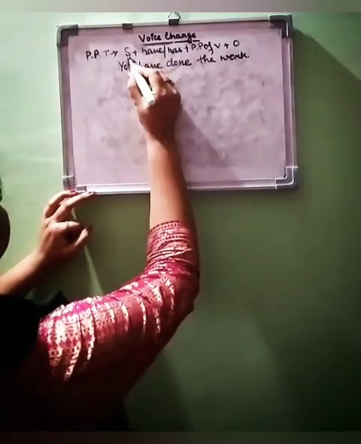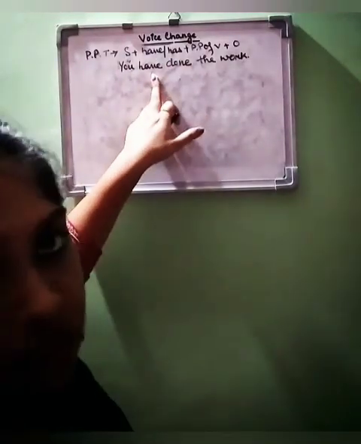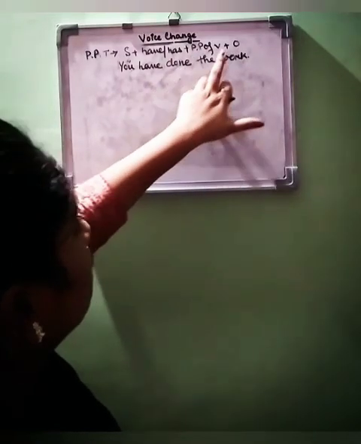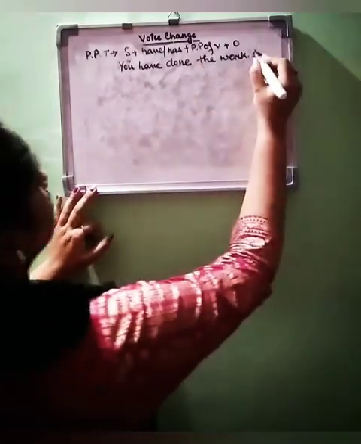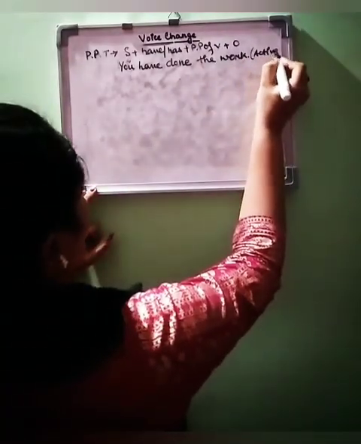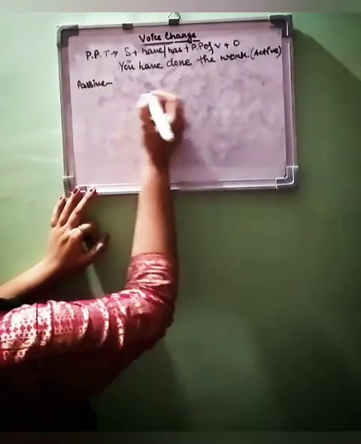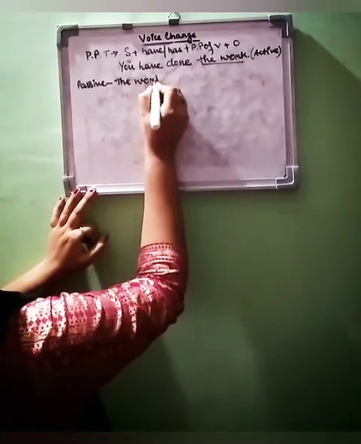Now if you can see, this is subject, this is have or has. According to the subject we will choose whether it will be have or has, then past participle of verb done, and then our object. This is in active. So while we change to passive, how should we change? Object will come first, the work.